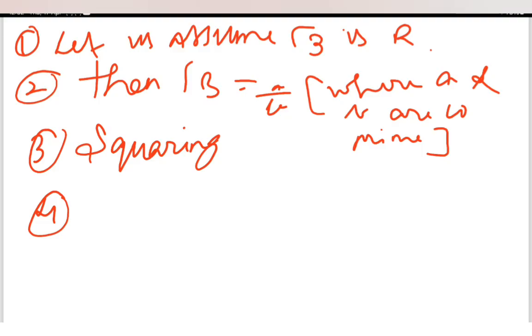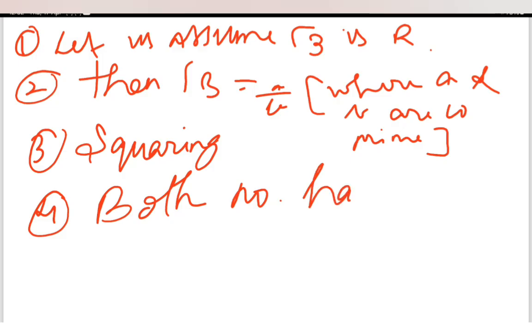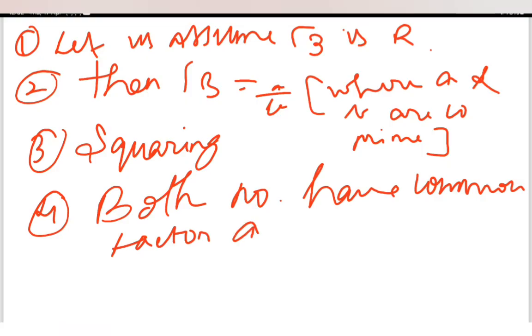The fourth statement would be, both the numbers have one common factor as the given number, something like 3.